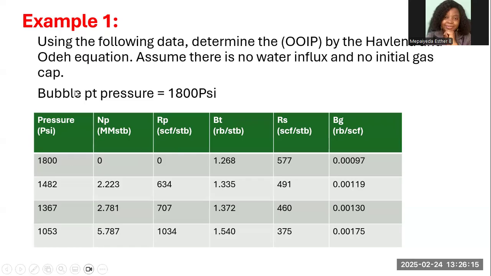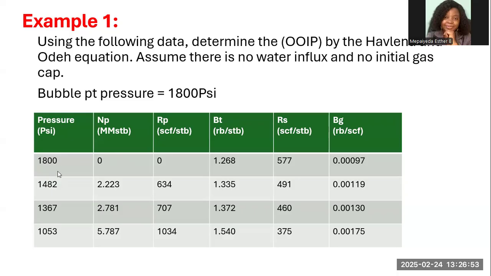So here we're given the bubble point pressure, 1,800 psi. So the pressure starts from the bubble point pressure and then reduces to 1421, 1367, 1053 psi, below bubble point pressure. Okay. So you have your NP produced, your RP, the solution gas oil ratio produced, your BT two-phase formation volume factor, your RS, and then your BG. And then you note that here there is no oil production.